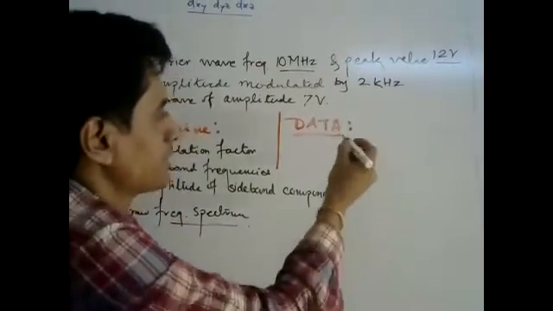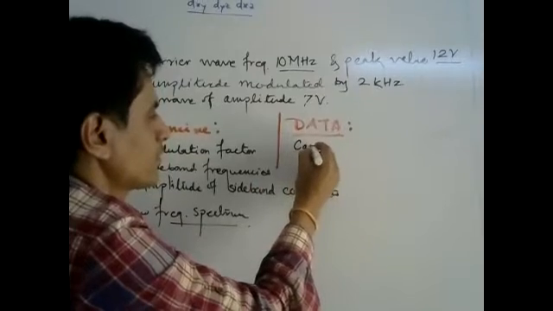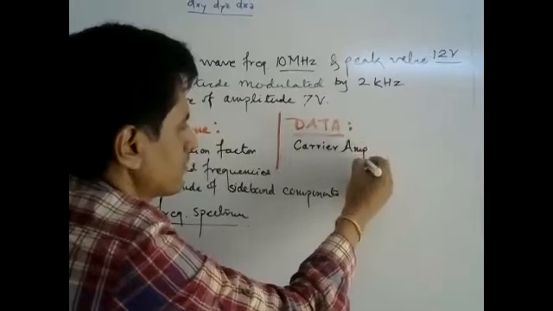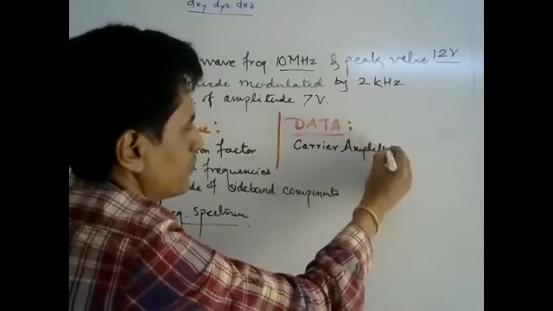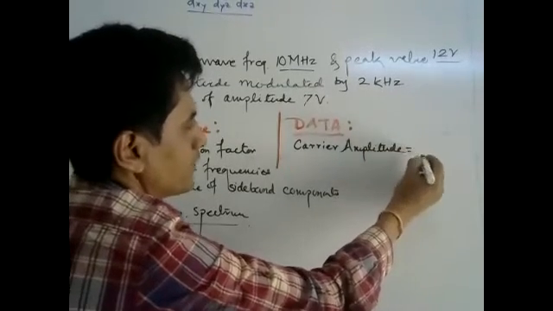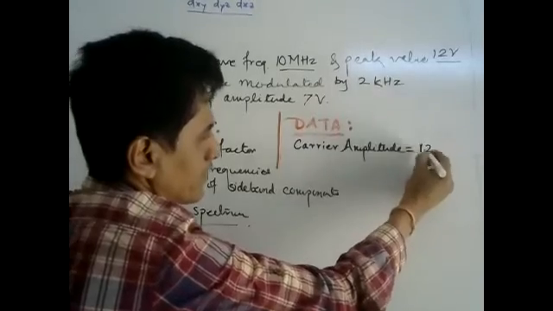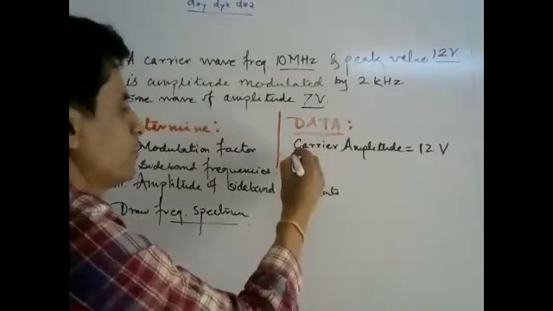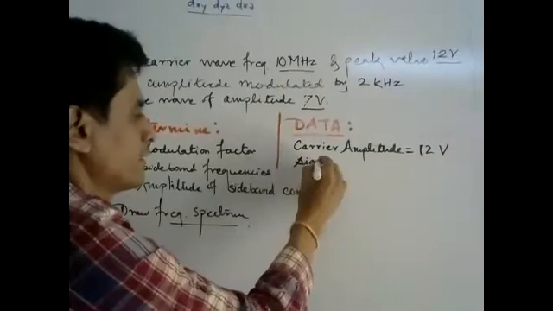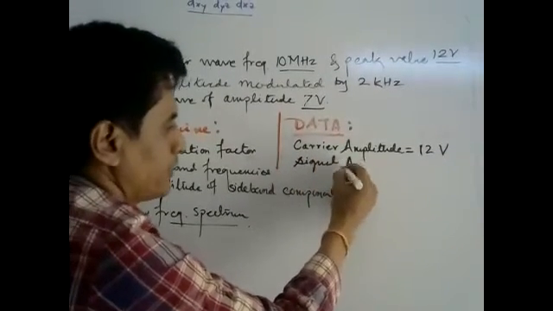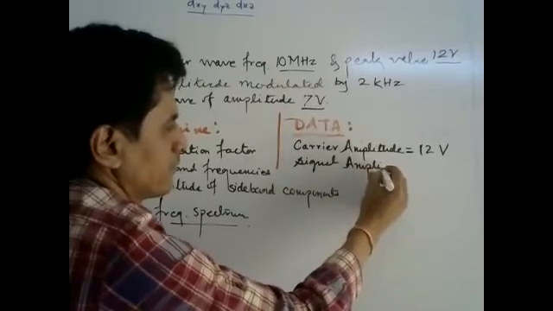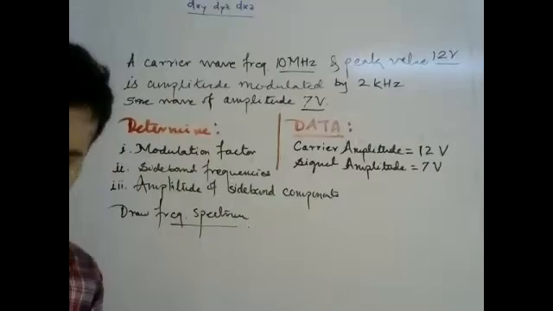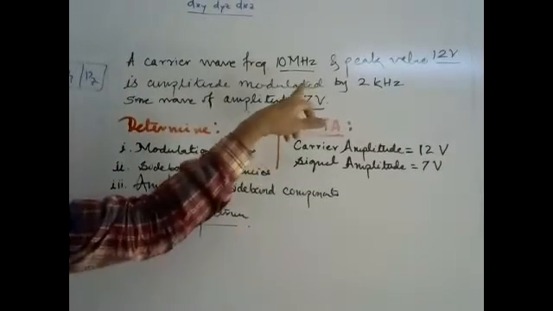Here I will write carrier amplitude, dear student, is equal to 12 volt. And signal amplitude is about 7 volt. Therefore we'll write signal amplitude is equal to 7.